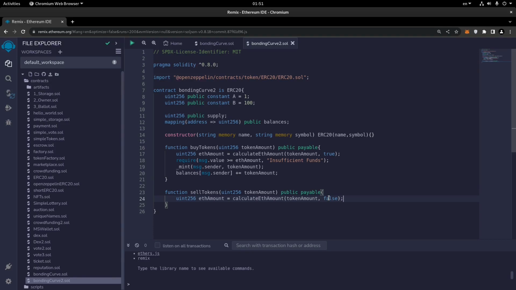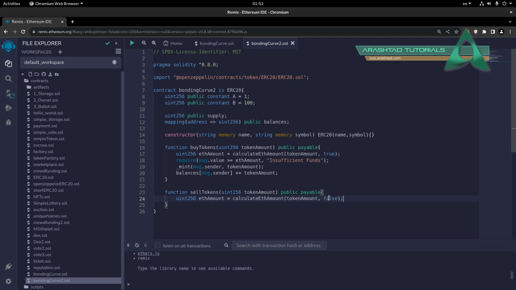This is really important for calculating the ETH amount, which is the price, because if we are buying, the total supply is going to increase, and so the price will be increasing. And once we sell the tokens, the total supply will decrease, and so the price. So this is really important.